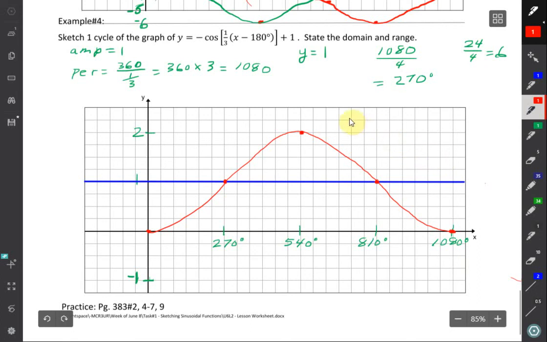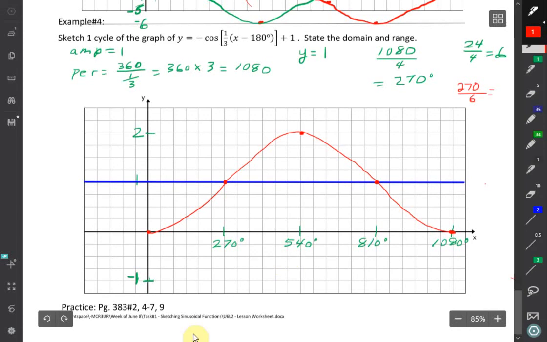Now we simply need to do a phase shift 180 degrees to the right. So we need to know how many grid spaces that is. First we need to know what each of these squares is equal to. So let's take 270 and divide it by 6, since there are 6 squares here.